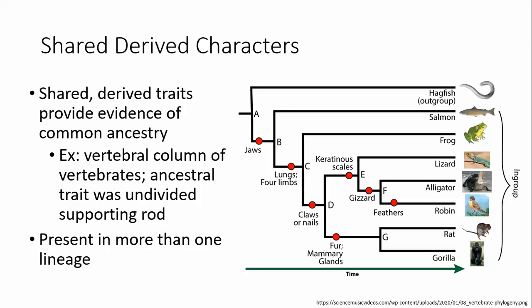So the shared or derived character for every organism on this phylogenetic tree is we all have backbones. We all had notochords, an undivided supporting rod. We are all vertebrates. So that is the shared or derived character for all of the organisms on this slide right here.